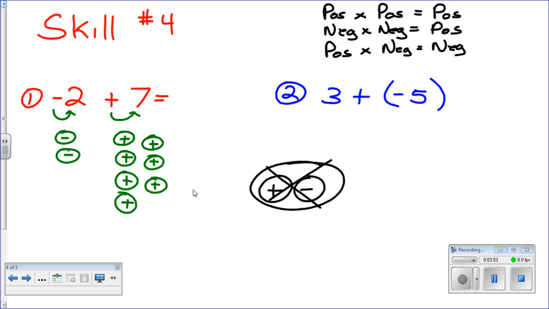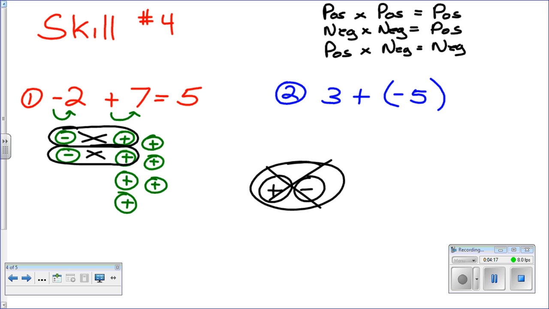Well, if I do the same thing here, if I take a negative and a positive and put it together, it will disappear. If I take a negative and a positive and I put it together, it will disappear. And when I look at what I have left, well, the only thing I have left is 5 positives. So the answer to my problem has to be a negative 2 plus 7 ends up to be a positive 5. There's 5 positives left over.